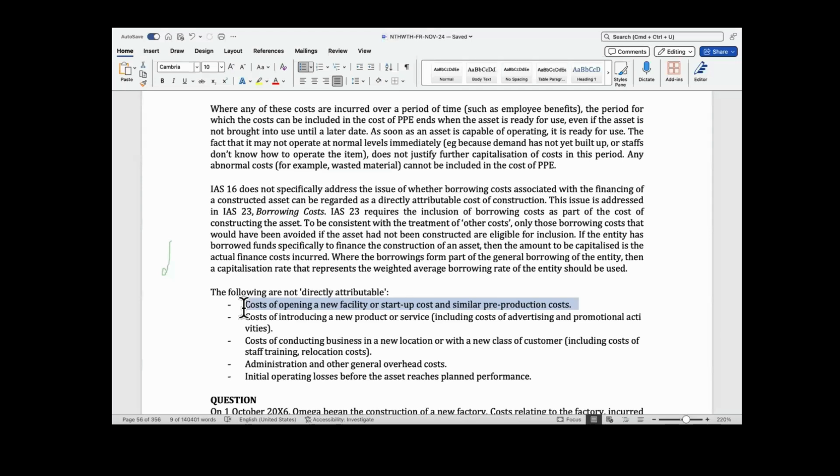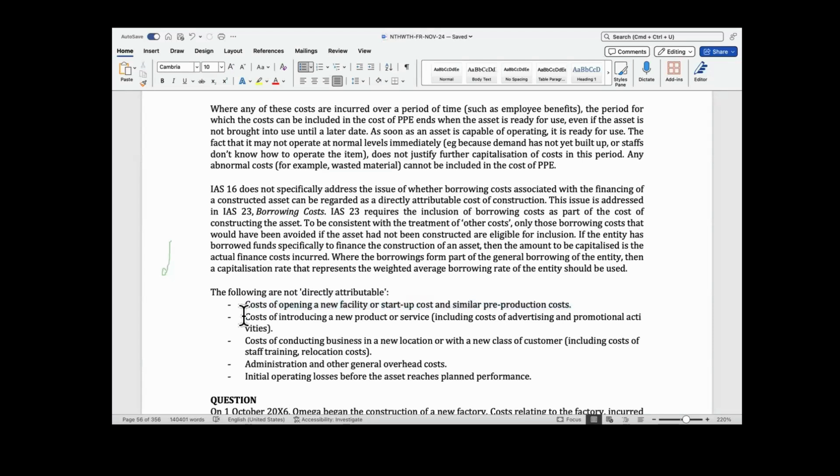They will do an opening ceremony and spend billions of naira on that too. That kind of cost, you do not capitalize. You expense it, because it doesn't get the asset ready for use. It is a cost you incur after the asset is ready for use. The cost of opening a new facility.